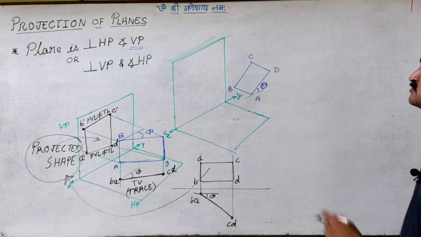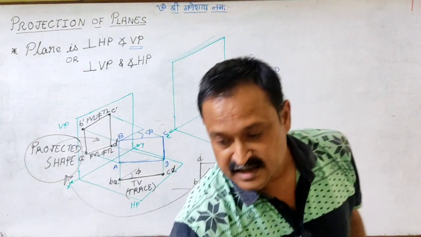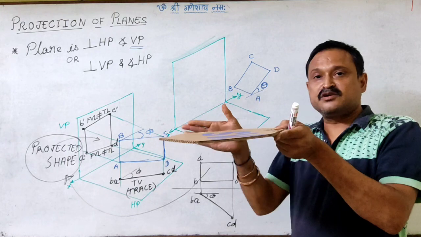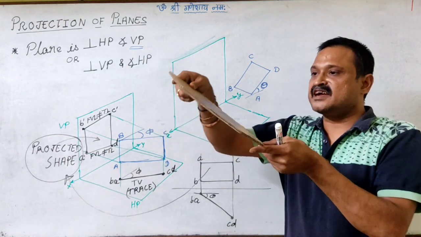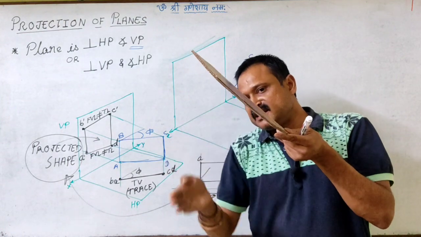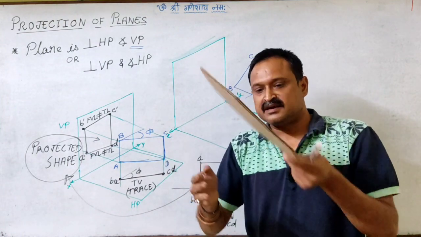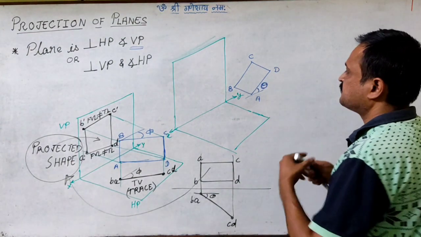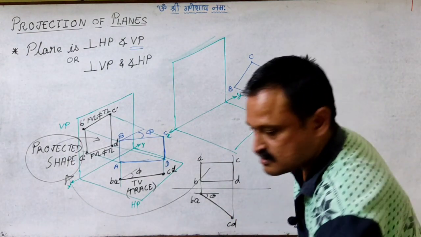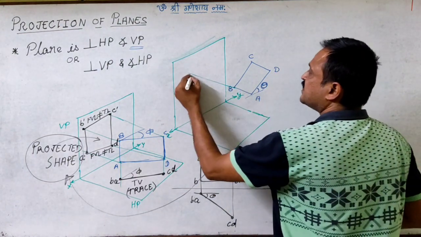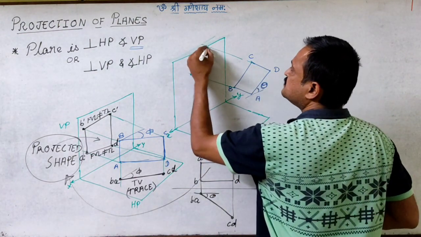Now for this one, if you see here, in this case, this is perpendicular to VP and it is inclined to HP. So here you are able to see this trace to be inclined to HP, right? So if we project for the front view, we'll see the projector of A and B, projector of C and D somewhere here.